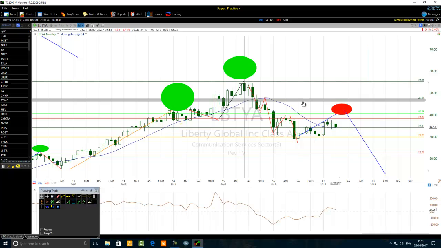A classic flat correction, a running flat correction, and an expanded flat correction. But because it came down 1, 2, 3, 4, 5, Elliott wave traders dissecting the price action here will think of a zigzag pattern, and they will highlight this level of $40.69, call it the $41 zone minimum.